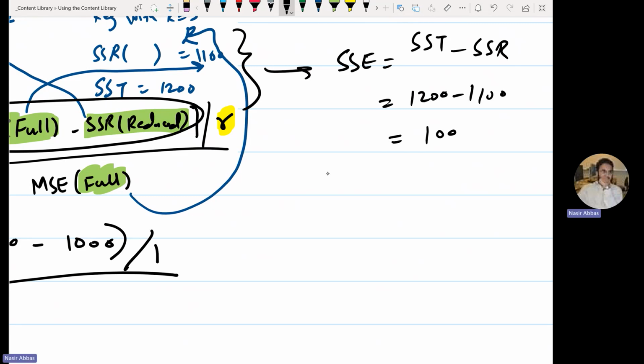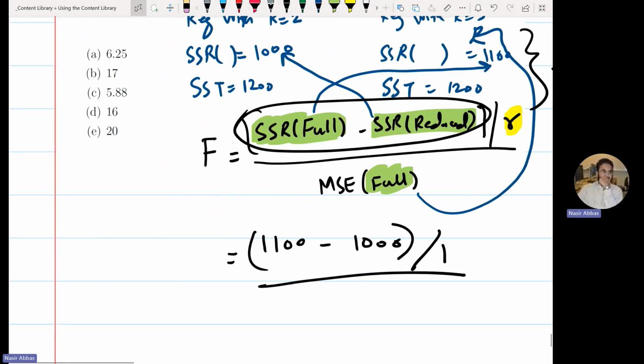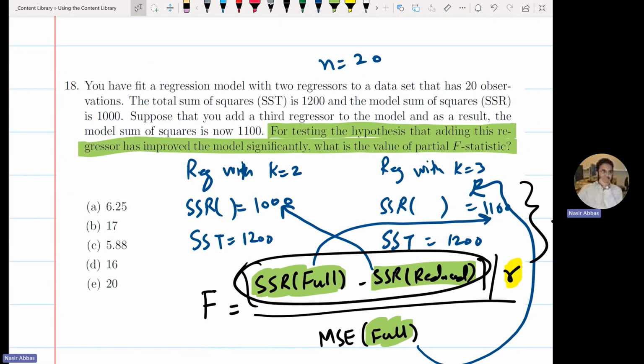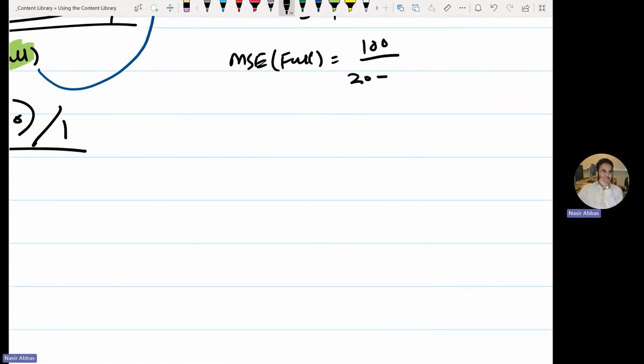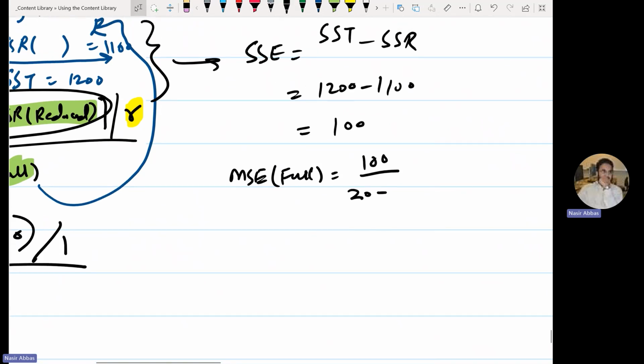Now, what about the degrees of freedom? Full model: 100 over. What was n? N will not change for full or reduced. What is the n given to us? 20. Okay, good. 20 minus what is k for the full model? 1, 2, or 3?